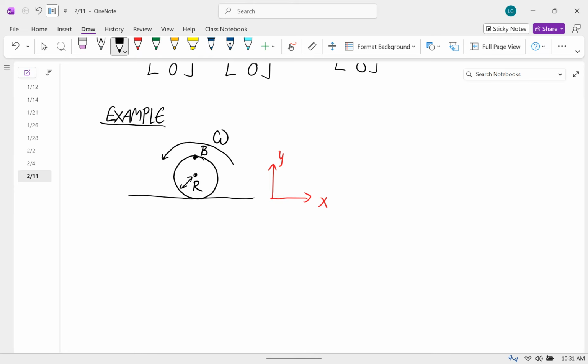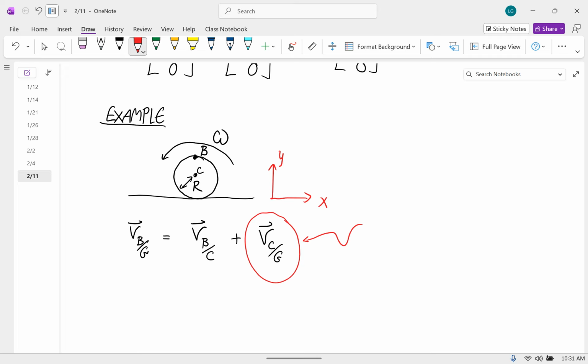Okay, so the velocity of that point B relative to the ground is equal to the velocity, this is the center, of B relative to the center, plus the velocity of the center relative to the ground. And this is going to come from the rolling without slipping equation. This is from the formula. This works exactly the same as the last example we did. This is circular motion.